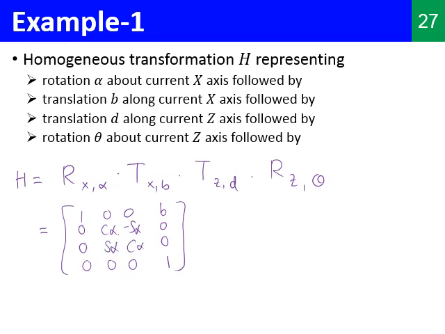Okay, similarly we can merge the final two rigid motions, so we get translation would be d along z-axis, so this is d, rotation is about z-axis, so z-axis would remain same, and finally we have cos theta, minus sin theta, and cos theta.